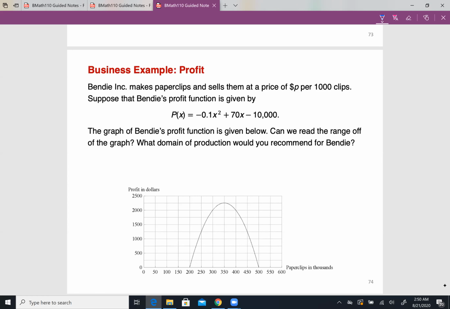In order to know the range of the graph, you may have to see what the maximum of P of x is, which is here. The minimum is 0, right? So it goes up to here.